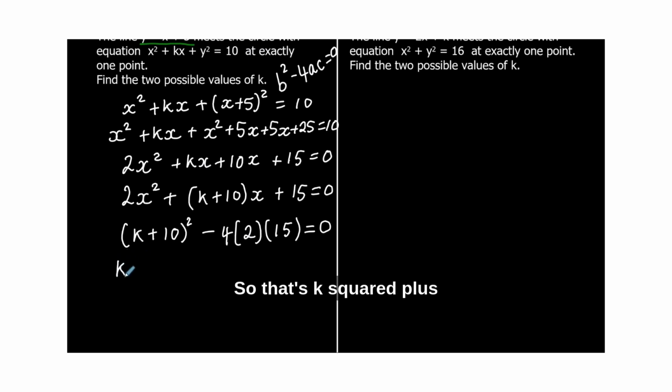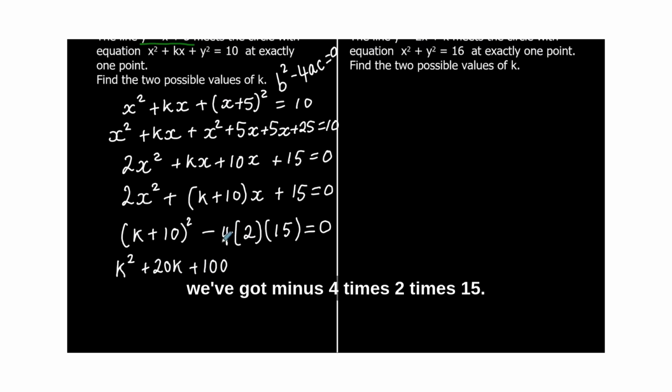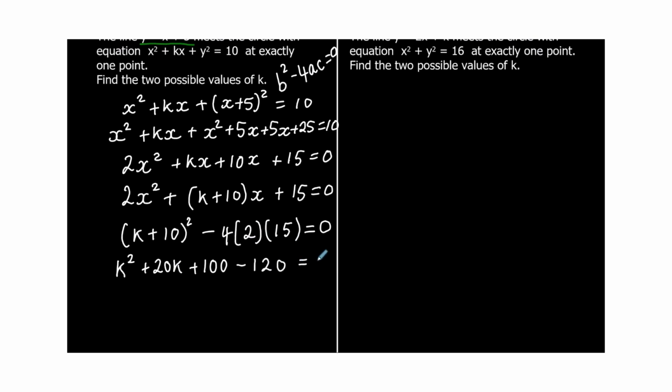So that's k squared plus 10k plus 10k, so 20k, plus 100. And we've got minus 4 times 2 times 15. 2 15s are 30. 4 30s are 120. So we've got k squared plus 20k minus 20 equals 0.